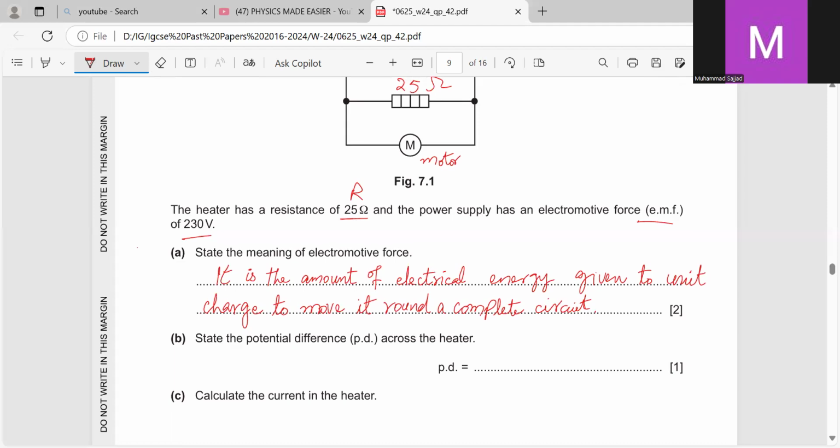You can write the equation also, because 2 marks are there. So this is equal to energy per unit charge, V is equal to E over Q.